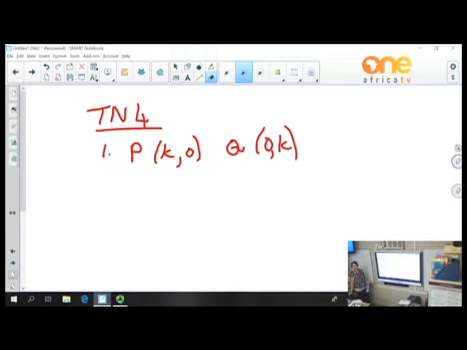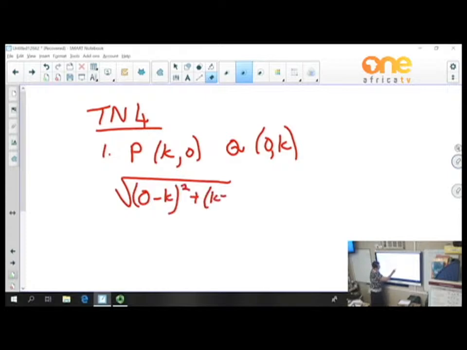So now they're asking this question another way, isn't it? But because it's the length, the distance, I will still use Pythagoras. So what does that mean? It means 0 minus K squared plus K minus 0 squared is equal to 10. So it's just another way of asking the same question. Okay?